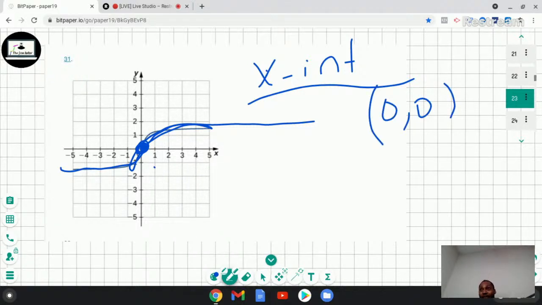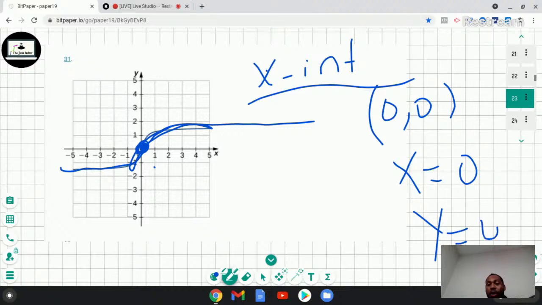So what does that mean? This is a very interesting case. That means when x is equal to 0, y is equal to 0. So one of the x-intercepts at least is where the function intercepts the x-axis, x equal to 0, and also the y-intercept, y is equal to 0.